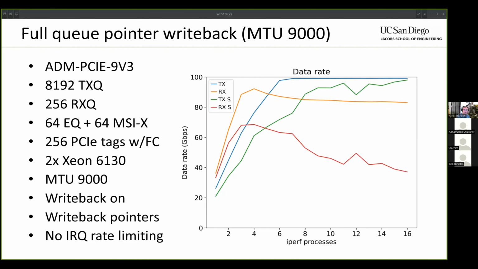And then if I turn on the Q pointer write back support completely, so where we're actually using these written back pointers in the driver for controlling what gets done next, then the performance drops a significant amount. My suspicion is that this performance drop is coming from the fact that effectively the MMIO reads were sort of acting like interrupt coalescing, right? Because your MMIO read doesn't return immediately.